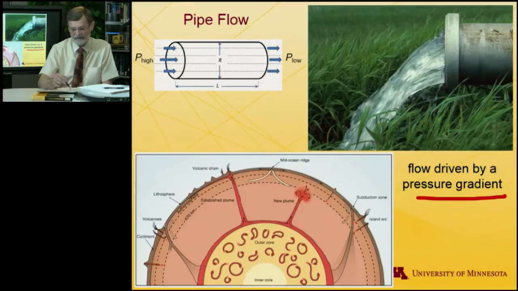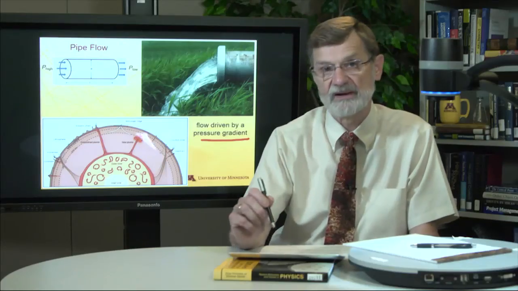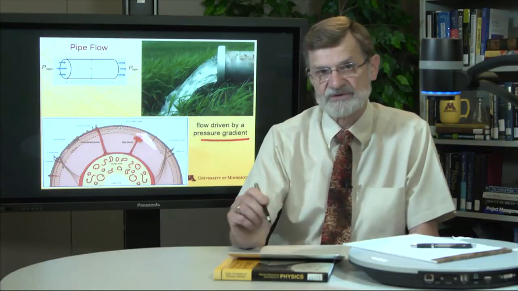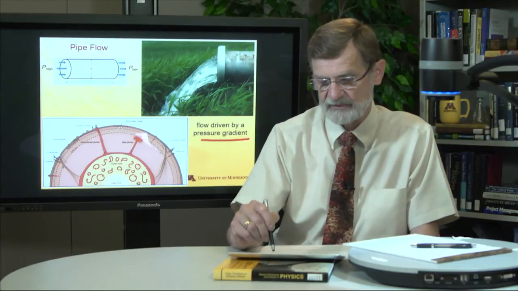Or we could talk about flow, as in the lower left here, of magma or hot rock coming up a plume and forming volcanic activity at the surface of the earth. They're both pipe-shaped structures, and we want to go through the same type of mathematical analysis as we did for the channel flow, but apply it to a pipe geometry.